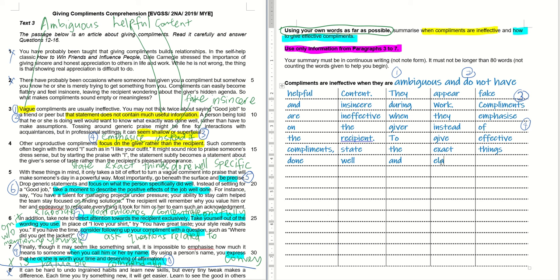All right, elaborate on the good outcomes. And I'll put full stop here, right? Good outcomes. Okay.